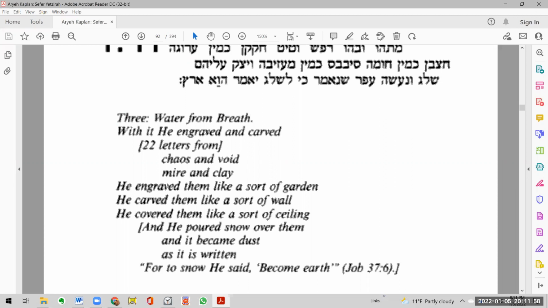Now, where do they come from? The original drop contains within it everything that will be developed later on within the womb of Binah, so to speak. It's all there in the seminal drop, but it's in an undeveloped state.